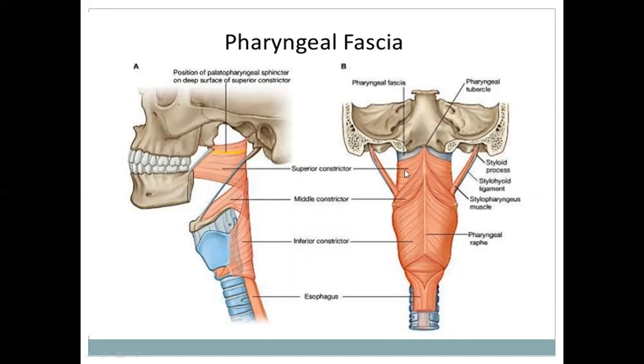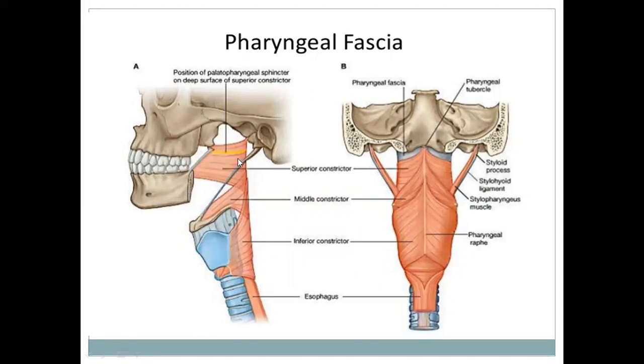And this is the superior constrictor. So these all constrictors overlap each other. The superior constrictor overlaps the pharyngobasilar fascia, and this superior constrictor arises from the medial pterygoid plate, the pterygoid hamulus, the pterygomandibular raphe or ligament, and from the mylohyoid line of the mandible.